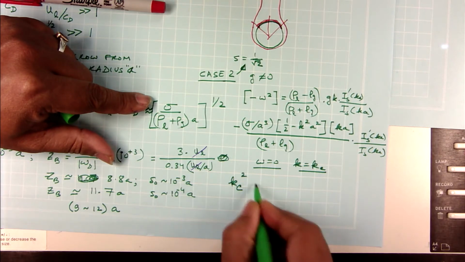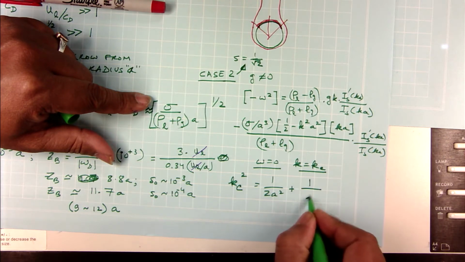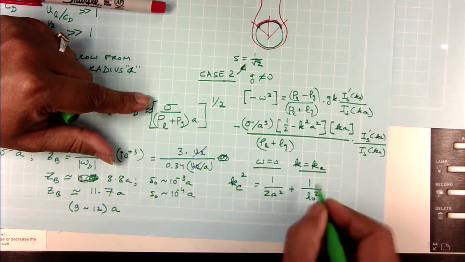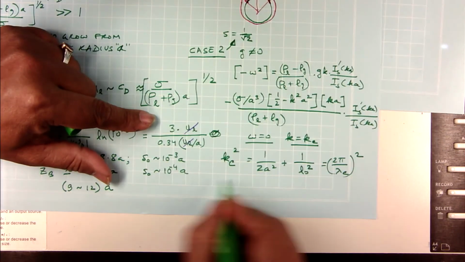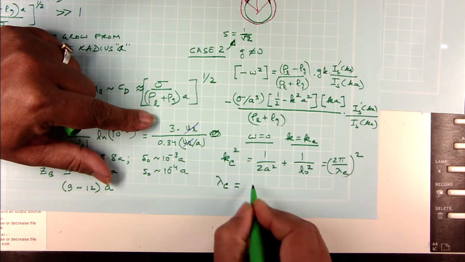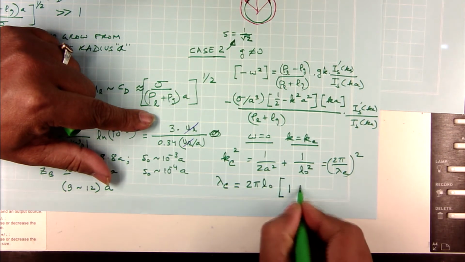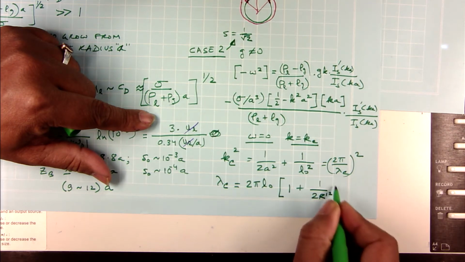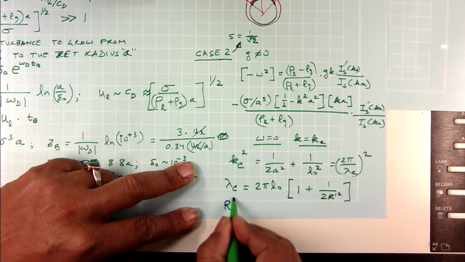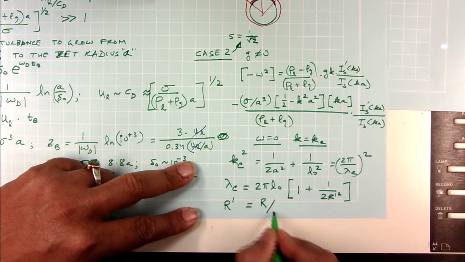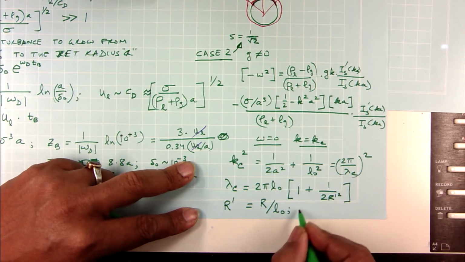I get Kc square is equal to 1 by 2A square plus 1 by L naught square, okay, and that is equal to 2 pi by lambda c square, or in other words, my lambda c becomes equal to 2 pi times L naught, 1 plus 1 by 2 r prime square, okay, where my r prime is equal to r divided by L naught, or you can also say A divided by L naught.